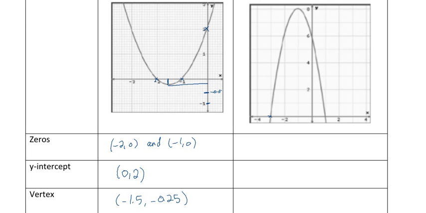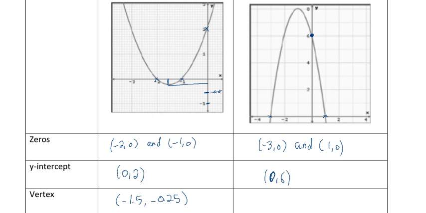On the next graph, what are your zeros? Negative 3 and 0. Your y-intercept? 0, 6. Okay. What's your vertex?